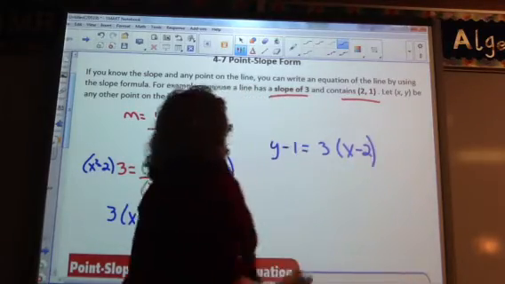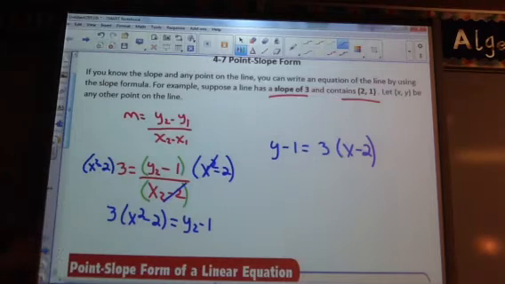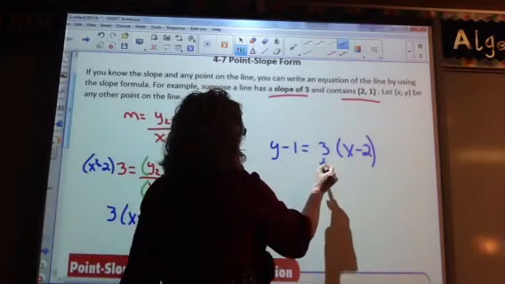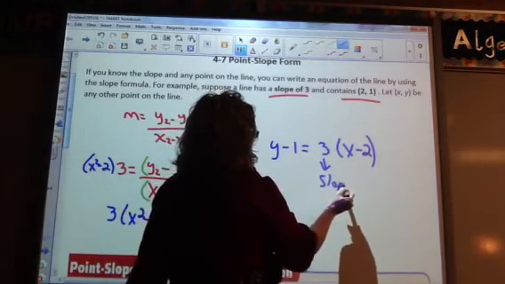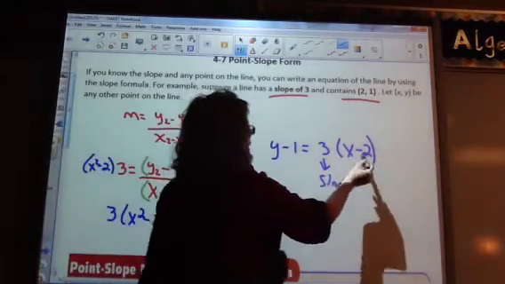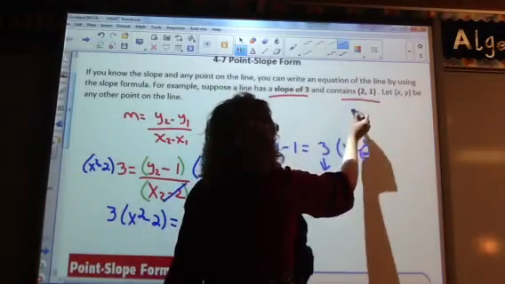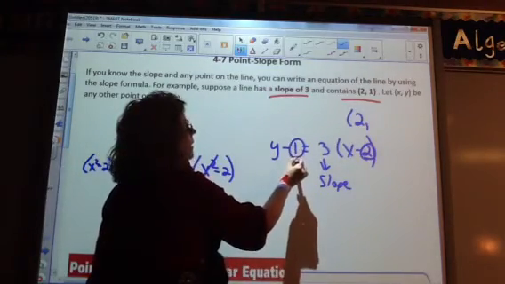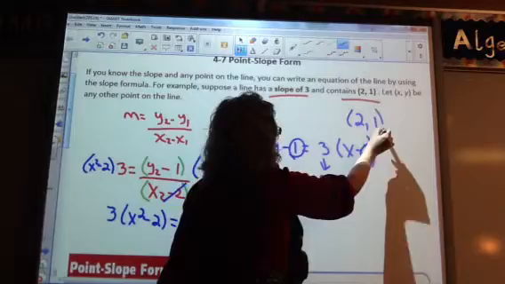minus 2. Alright, so what does this equation here mean? This is our point slope equation. This means that 3 is our slope, okay? This 2 right here was our 2 in our first point, and this 1 right here was our y in our first point.